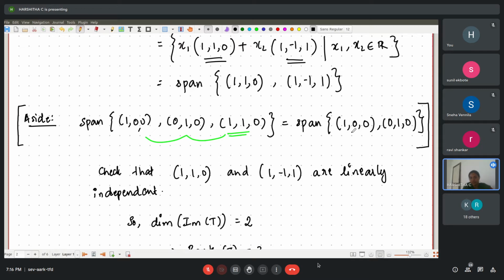Now again you check, are these two vectors linearly independent? If that is so, then that will be the dimension. If not, you throw away one vector which can be written as a combination of the other vectors, and you keep doing this.